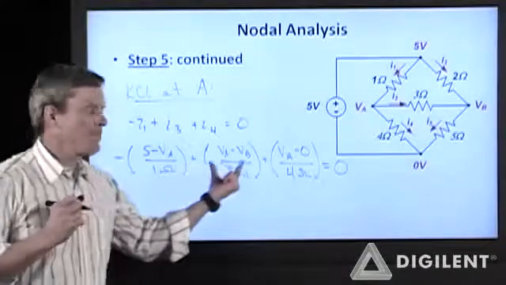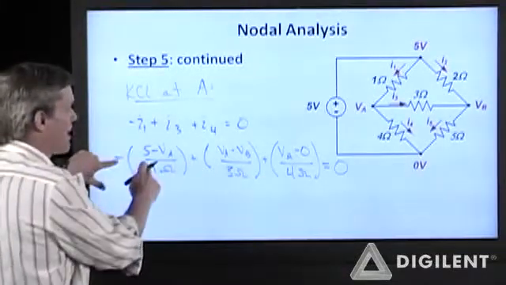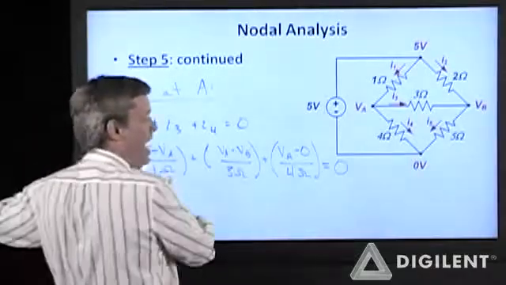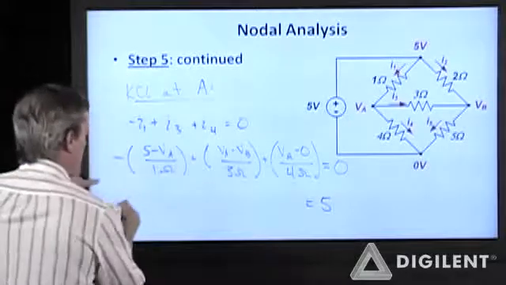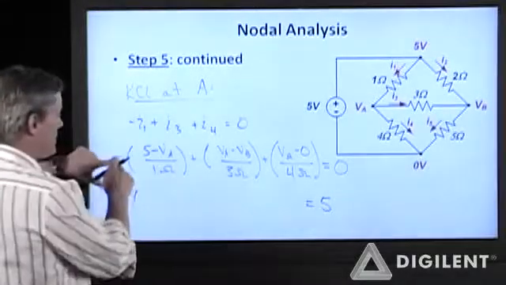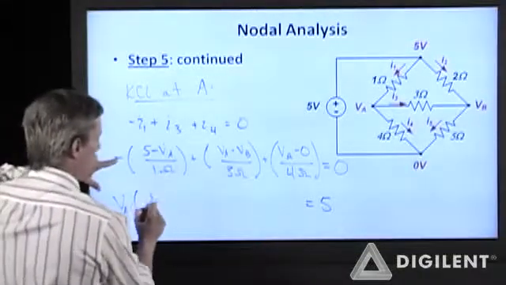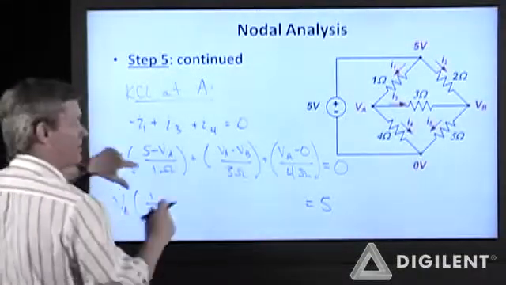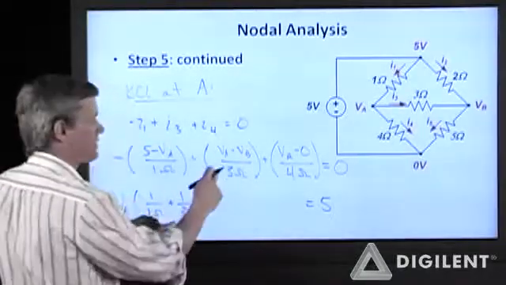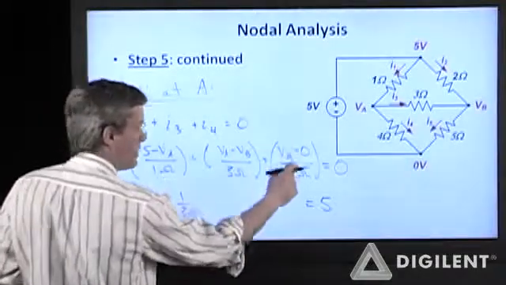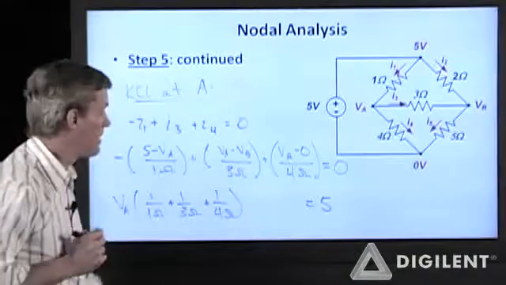That sums up to 0. Now I can group the multiplicative factors on VA and VB. I have a negative 5 over 1, which becomes a 5 if I move it to the right-hand side. Then VA, negative times a negative is a positive. This becomes a 1 over 1 ohm plus 1 over 3 ohms, multiplying VA, plus 1 over 4 ohms multiplying VA.